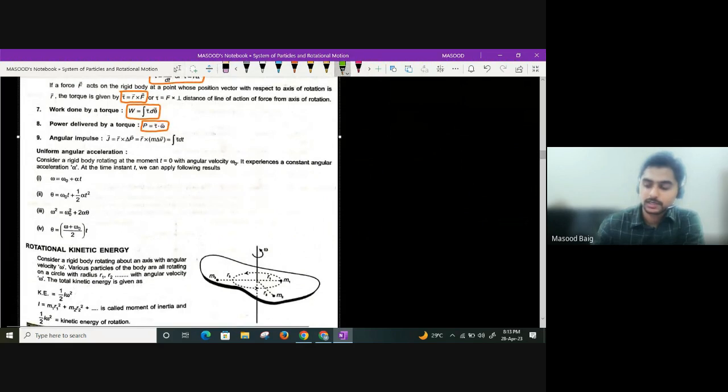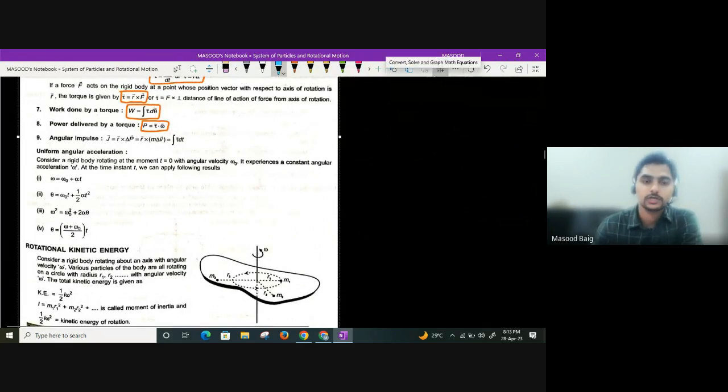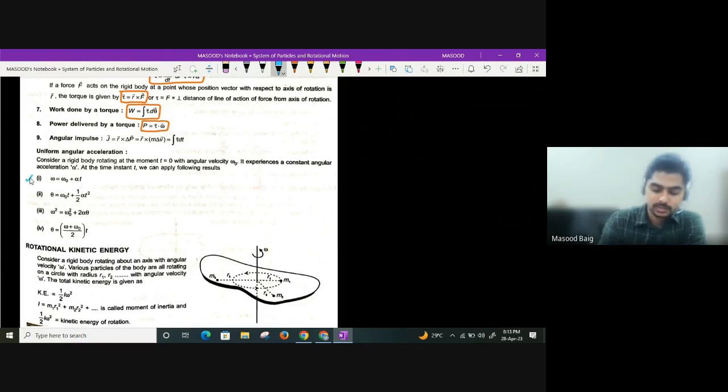And basically, if we take a case where there is no tangential acceleration, then I can use final angular speed. These are equations of motion in rotation. Uniform motion means the object is performing rotation with constant speed, so alpha value should be constant. Clear, all of you? These are the equations you can write.